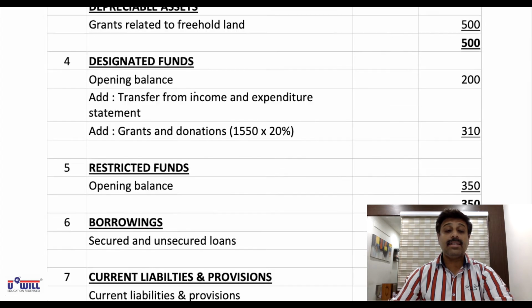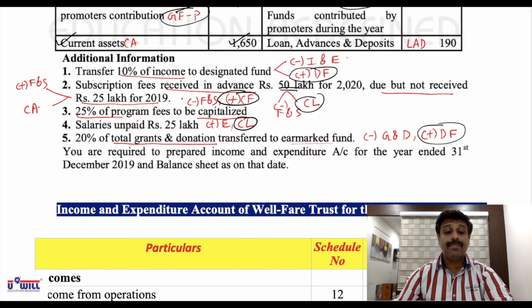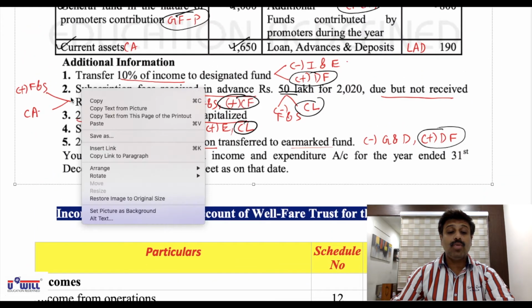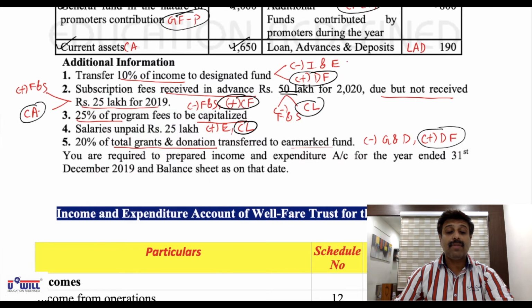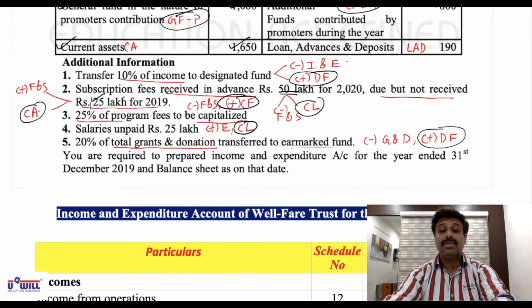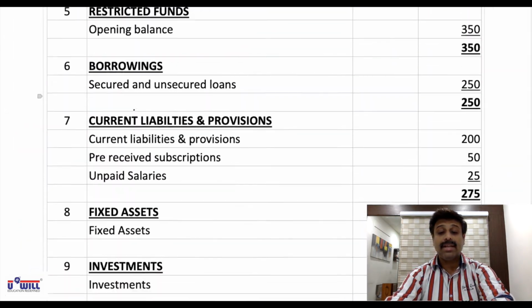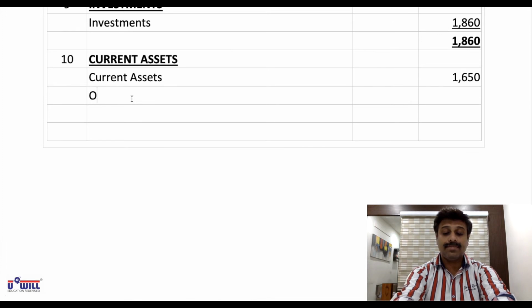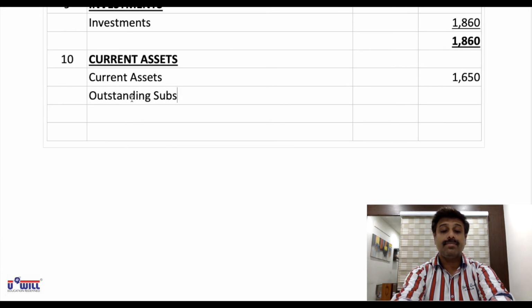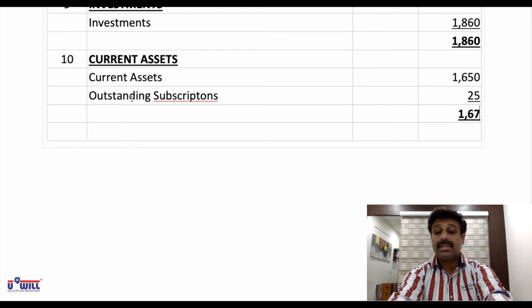Then after current assets of 1650, adjustment 2, you all can see this current asset is there of outstanding subscription of 25 lakhs. So outstanding subscription 25 lakhs, no other item is there. Okay, outstanding subscription 25 lakhs. Total will come to 1675.